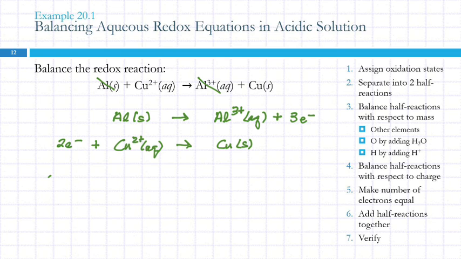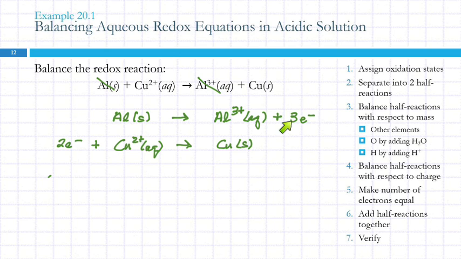Okay, make the number of electrons equal. So this one has 3 electrons and that one has 2 electrons. We need those to be the same number. And we can do that by multiplying the equation by a number. So what's the least common multiple of 2 and 3? 6, right? So 6 is the smallest number that has 2 and 3 as factors.